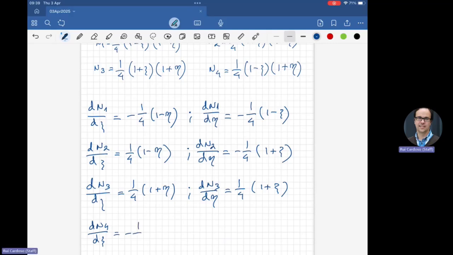So minus 1 over 4, 1 plus eta in order to c, and 1 over 4, 1 minus c in order to eta, right? Okay, super easy. And now we just need to replace in our Jacobian.